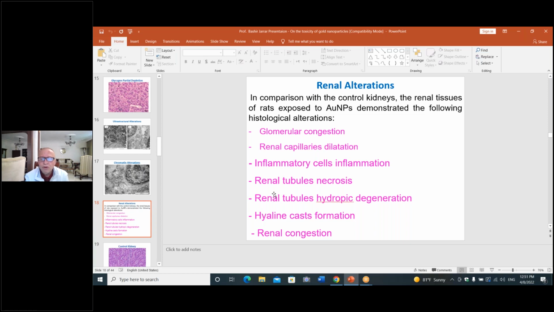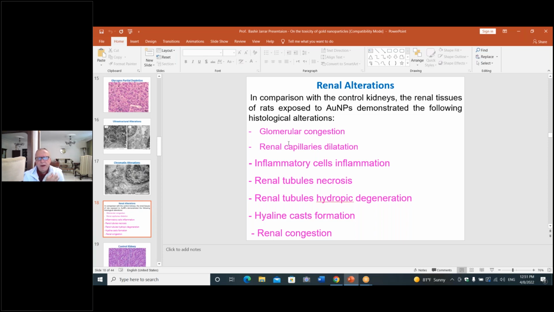By then I move to the second organ, the kidney. The following renal changes were found in the kidney of the animals that were treated with gold nanoparticles. We detected renal glomerular congestion.